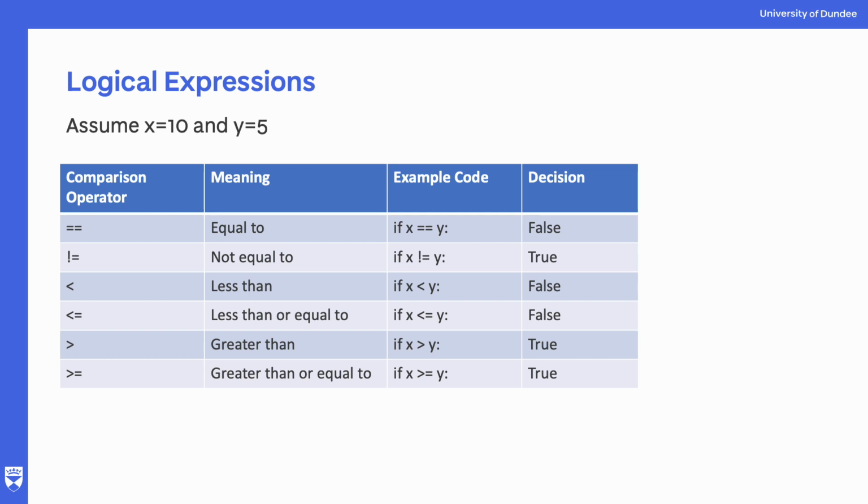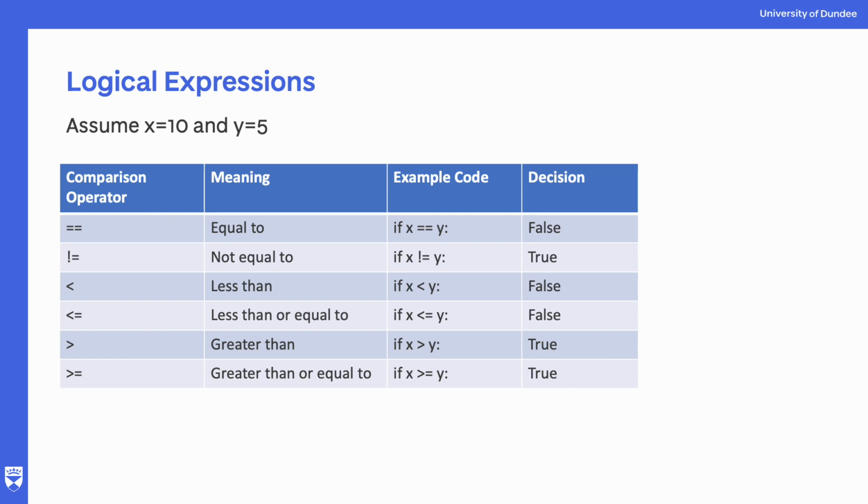The two at the top, however, are equal to and not equal to. Pay attention to the fact that the comparison operator, the thing that we're using to check, has two equal signs, equals equals. And equals equals means equal to. Remember that just one equals is assigning something, like x is assigned a value of 10, y becomes 5.